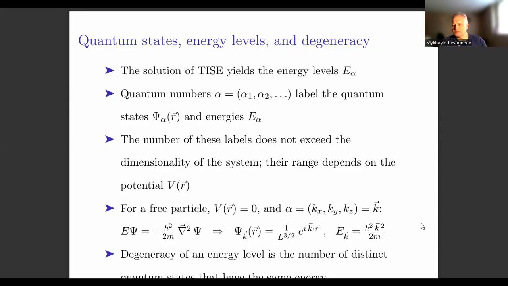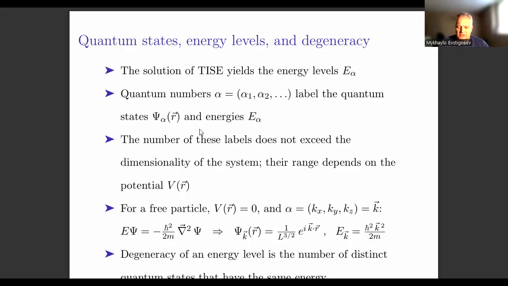All right, so degeneracy, more precisely, is the number of quantum states that correspond to the same energy. The quantum numbers label quantum states. Each quantum state is described by its own private, distinct wave function, but it may happen that several quantum states have the same energy.